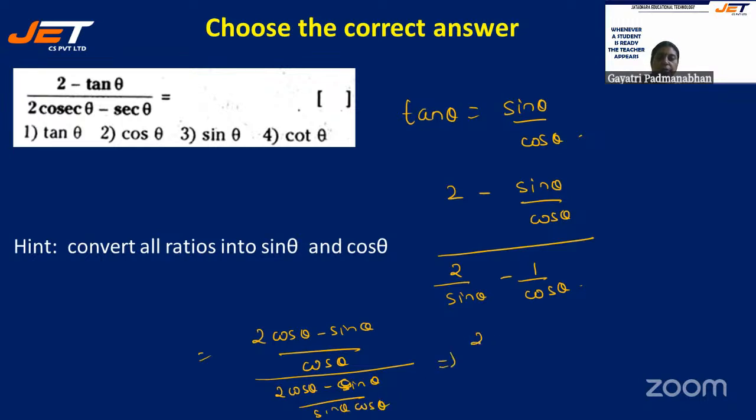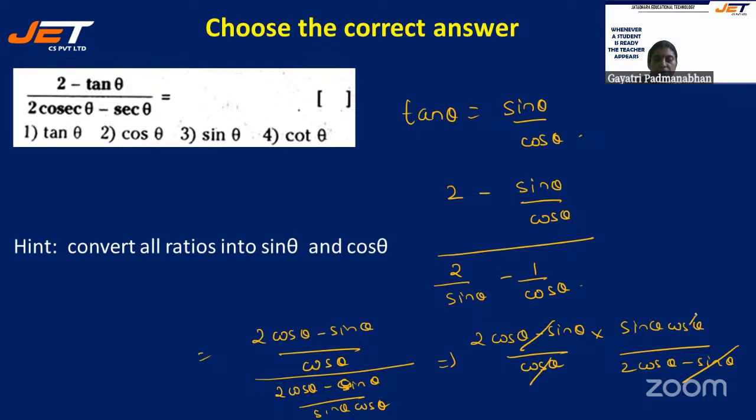So when you take the reciprocal of this, 2 cos theta minus sine theta by cos theta into sine theta cos theta by 2 cos theta minus sine theta. This gets cancelled. Okay. Cos gets cancelled. So the remaining is sine theta.